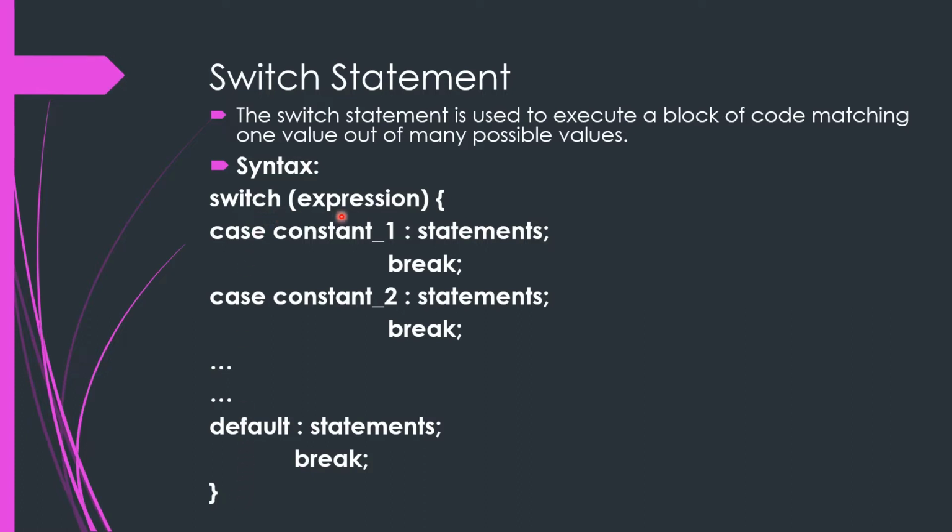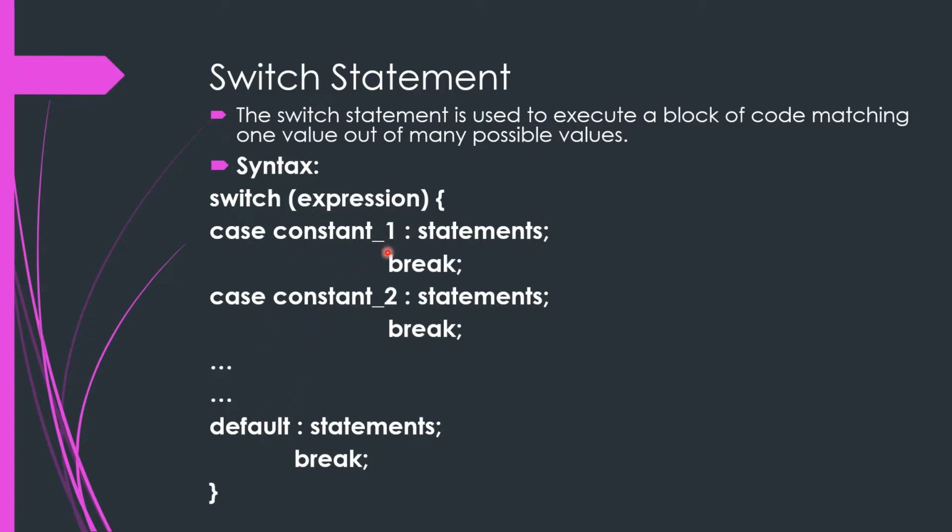Switch, then in bracket expression. As I already told you, in expression we generally specify the condition, but here we specify a kind of variable or the term which we are going to switch between. Means the values which we were talking about, that we have many possible values. So basically we are talking for this expression because it has many possible values and we have to select any one out of these given values.